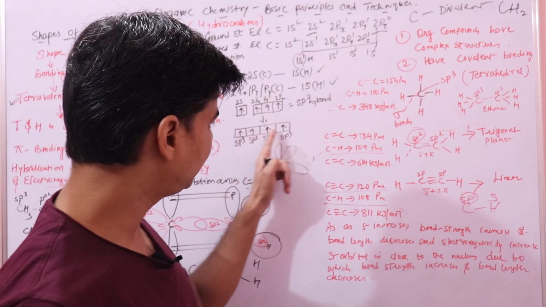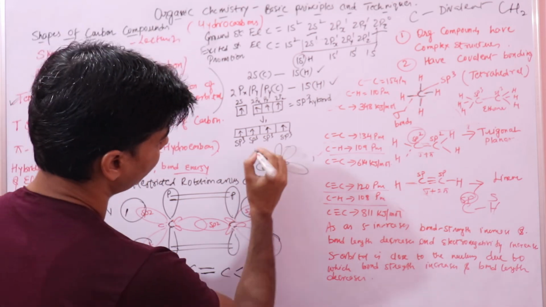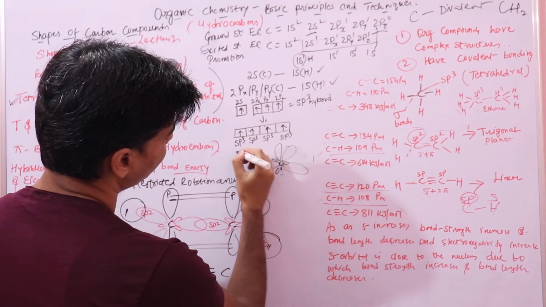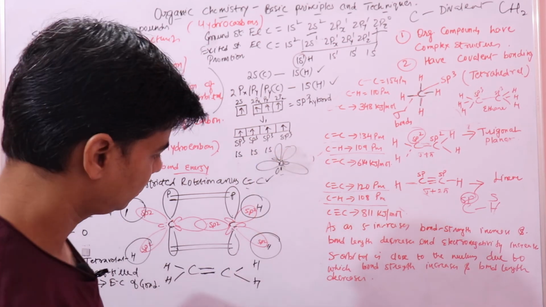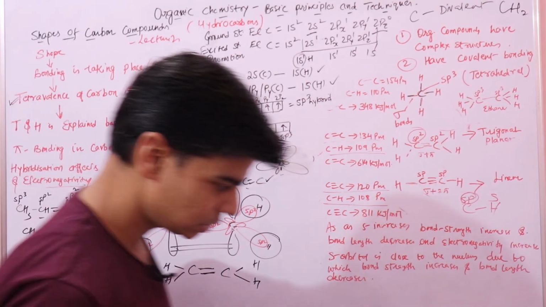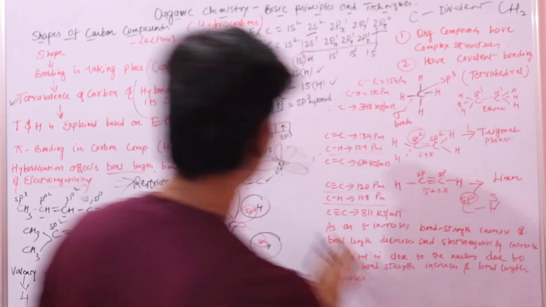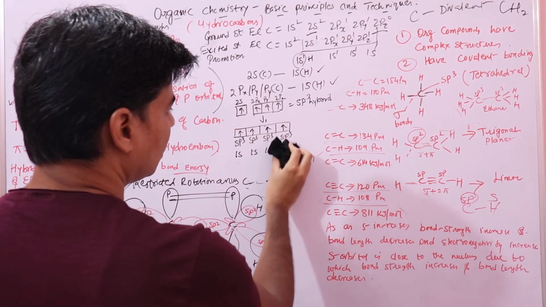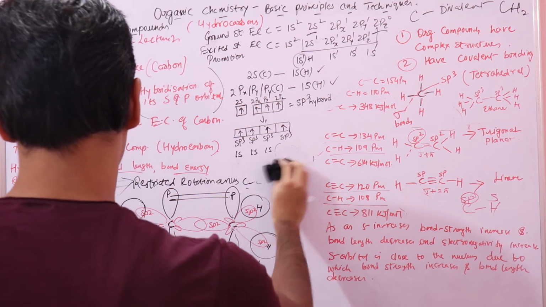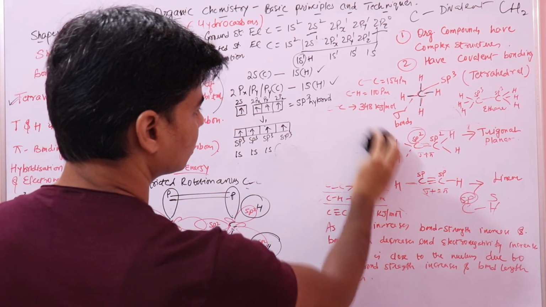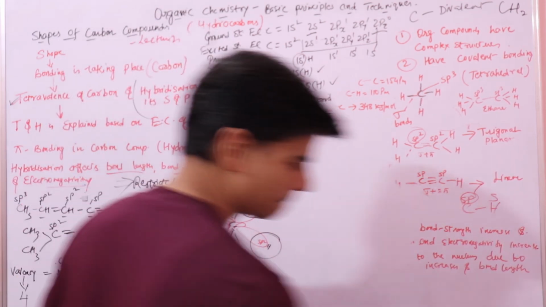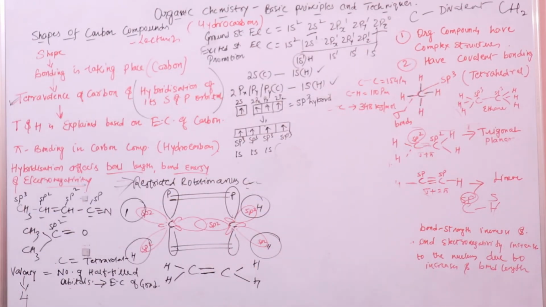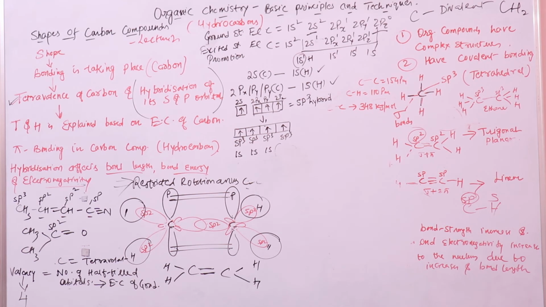So these 4 sp3 hybrid orbitals now overlap with the 1s orbital of hydrogen atom, right? And let me show you how overlapping will take place. Just rub this off. So let's see how bonding takes place in methane molecule.